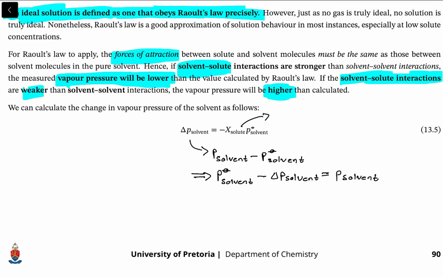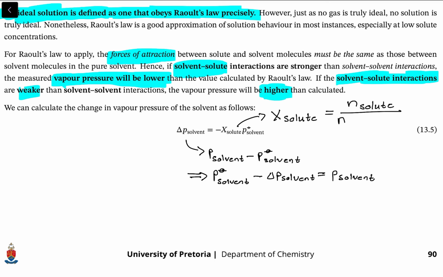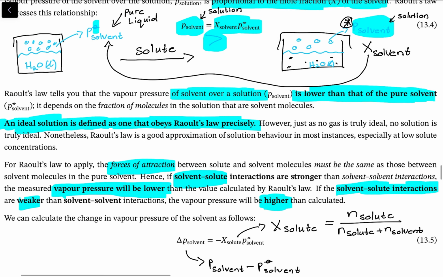Well, that's equal to negative the mole fraction of the solute, and the mole fraction of the solute is of course equal to the number of moles of the solute over the total number of moles. And perhaps that's something I can indicate. What is the total number of moles? It's equal to the number of moles of the solute plus the solvent. The same up top here.